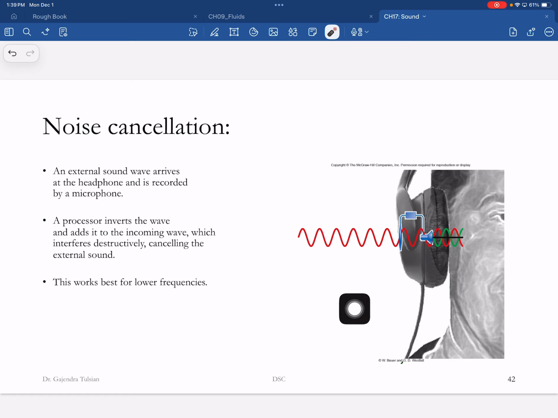So since stuff is cheap now, what you do is you sample this sound, and then your electronics will produce an inverse wave. Okay, so this noise is canceled by the inverse wave. And then you can listen to your music peacefully. Okay. All right, guys.